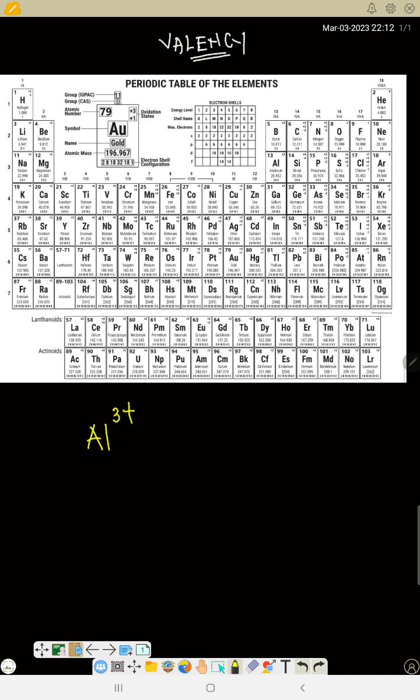Now move to group 4. So I have carbon there, so it will be 4 plus. And any other one, also silicon, it will be 4 plus. So anyone that falls in this group 4 is 4 plus.